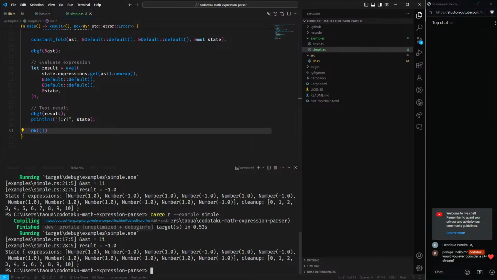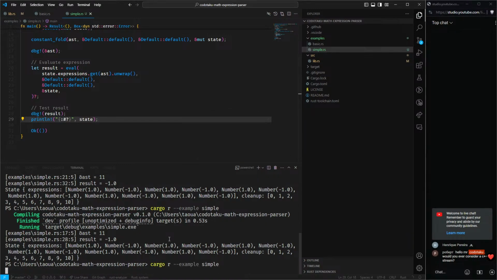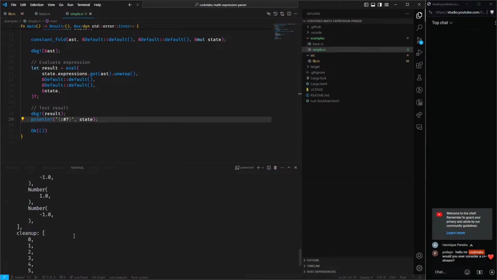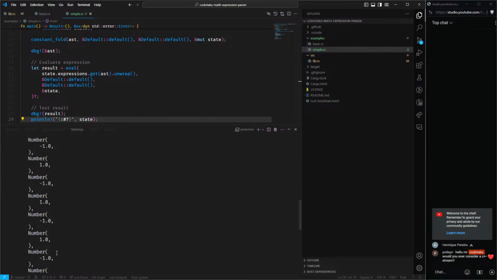Alright, so let's see what we got. AST 11. Let me first of all make this a bit cleaner. Hold on. Cancel. And I desperately need some better way to actually print this. Okay, so we can clean up all these nodes.